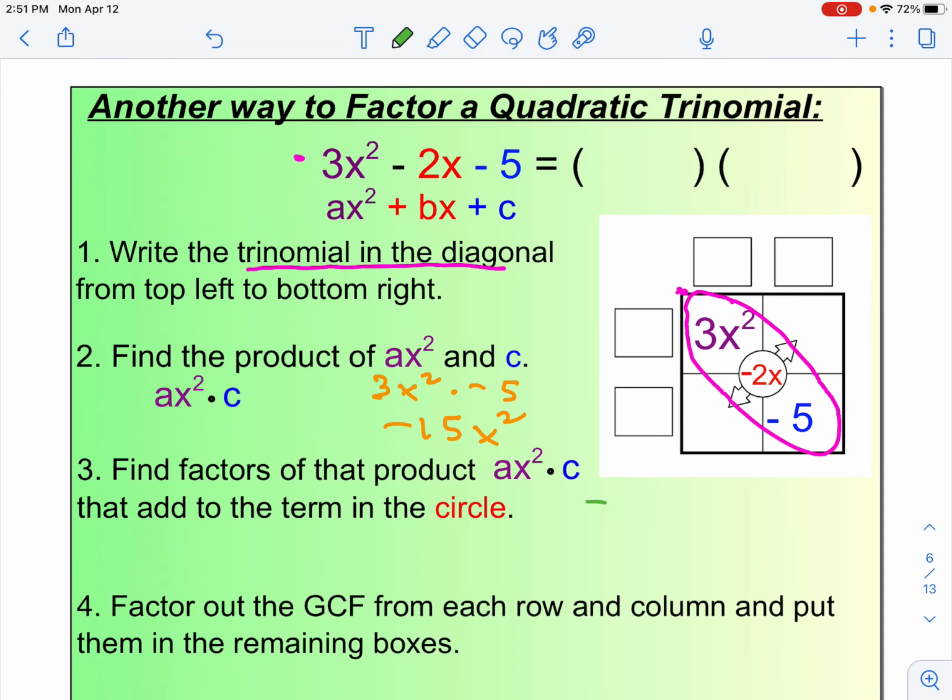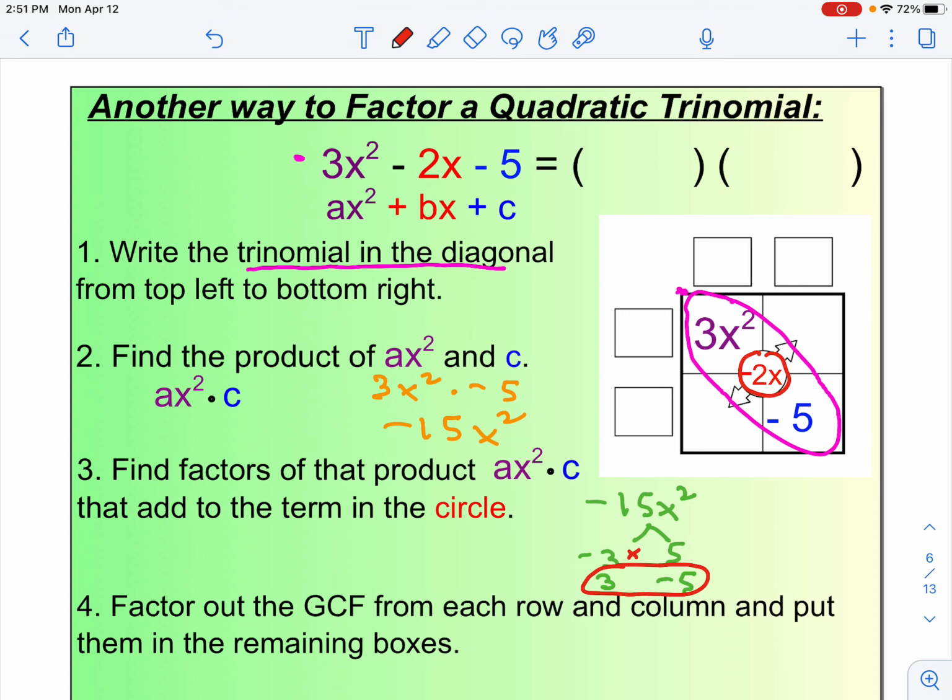Well, it could be negative 3 and positive 5, or positive 3 and negative 5. Those would all multiply to negative 15. But remember, it has to add to this term in the circle right here of negative 2. So this is the combination that adds to the negative 2.